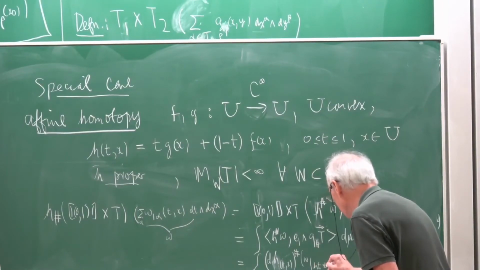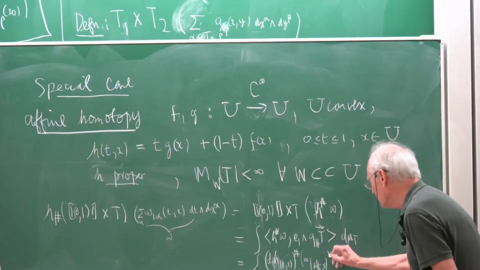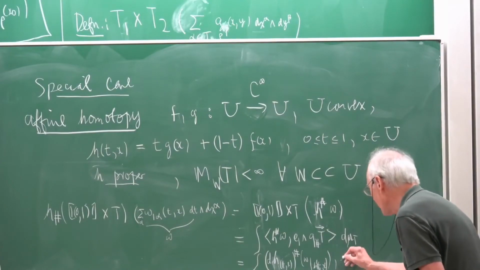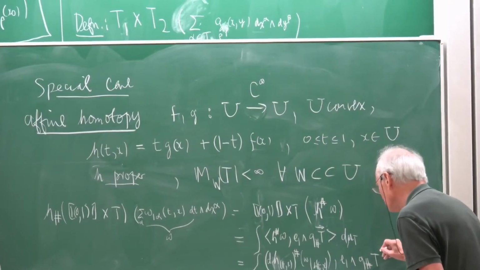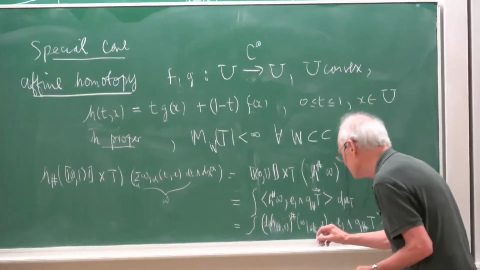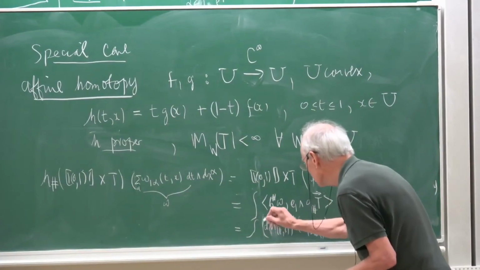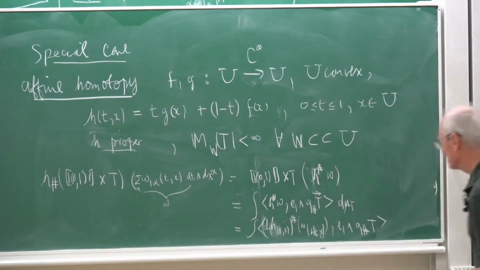Takes a bit of getting used to this formalism. Dual pairing with E1 wedge Q sharp t arrow. That's what that looks like.